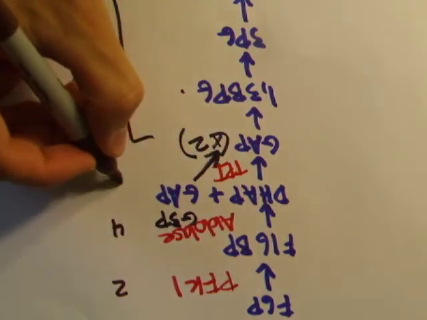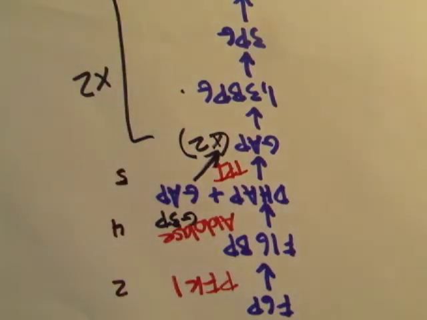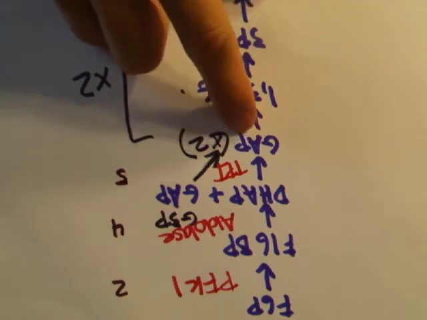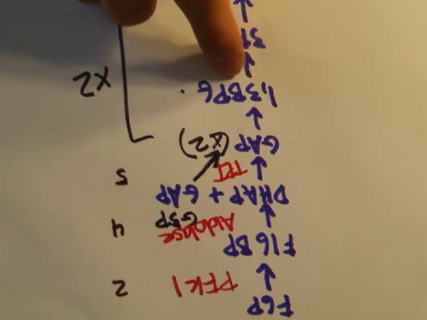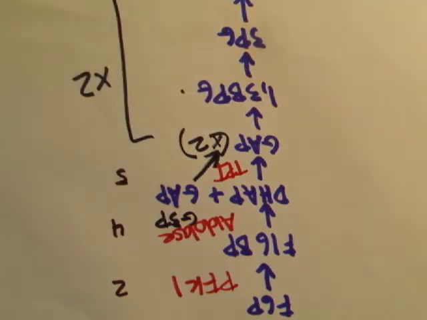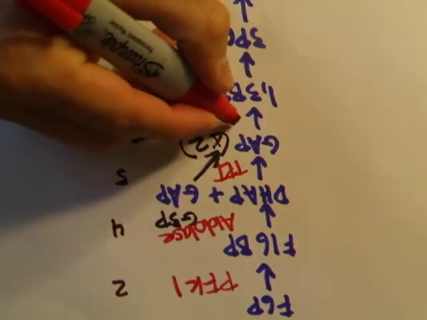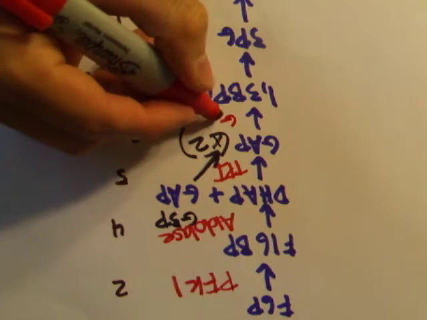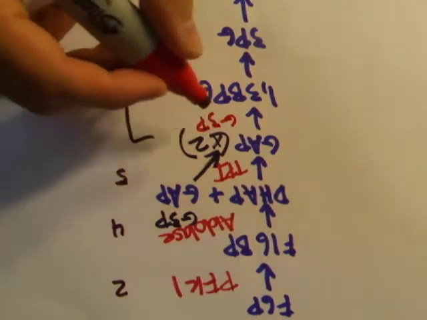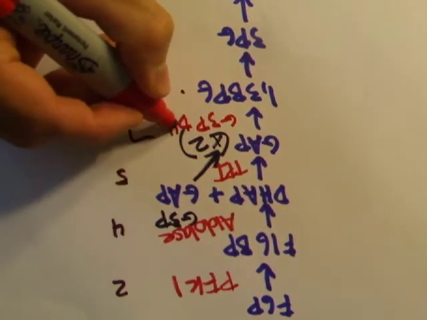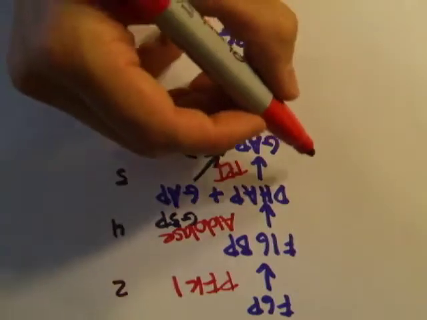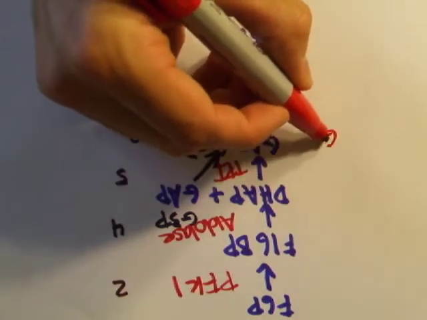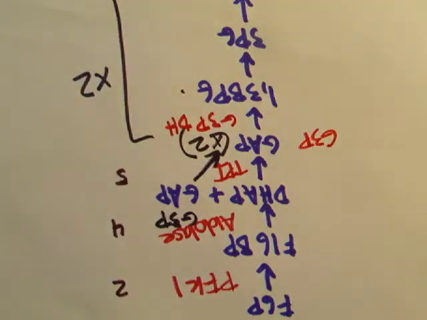It's another isomerase, enzyme class 5. GAP into 1,3-BPG is done by GAP dehydrogenase. I'm going to put G3P dehydrogenase. Remember, GAP and G3P are interchangeable.